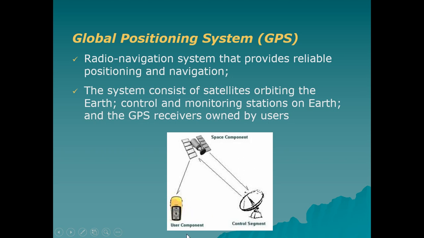So you have the user component, for example, your phone. You have a control station here on the earth at some particular location, and then you have the satellite component here. So what actually happens is you have a triangulation process that takes place amongst the three components in order to establish your location at this point.